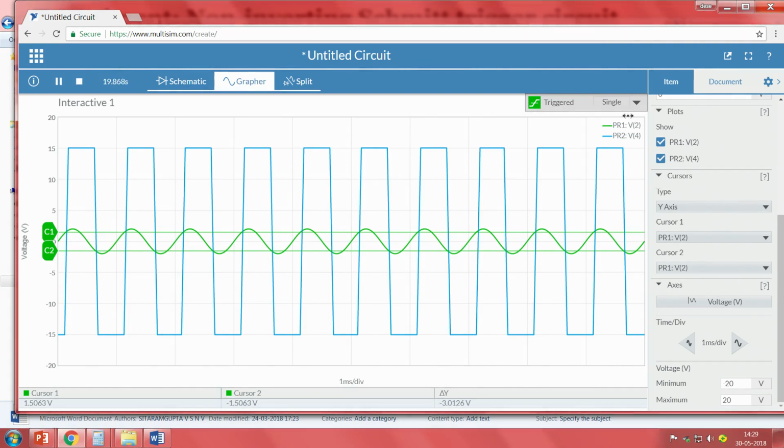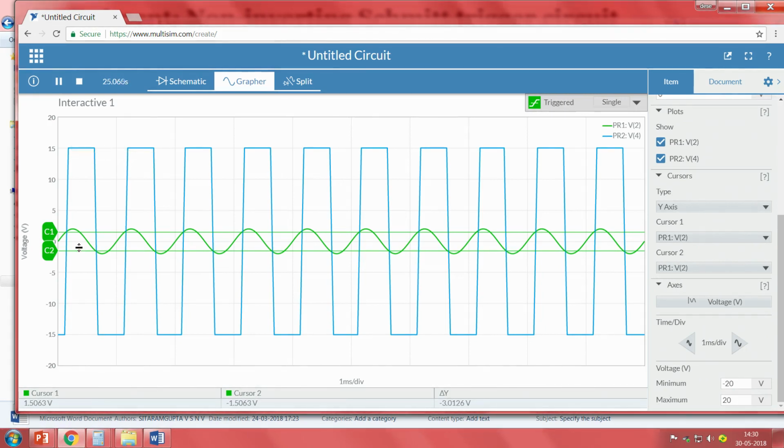When the green line is greater than C1, which is cursor 1, we can see the output is moving to plus VCC, right. And similarly, for it to go to minus VCC, since it is not a comparator, when our input is lower than C1, it will not go to minus VCC. It will go to minus VCC only when the input is lower than the C2 value.